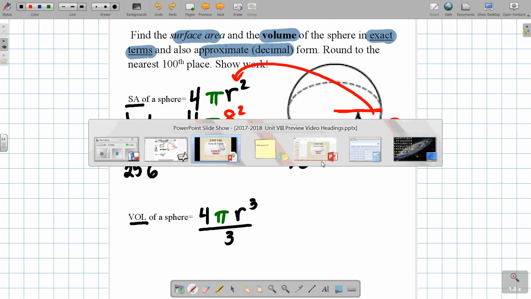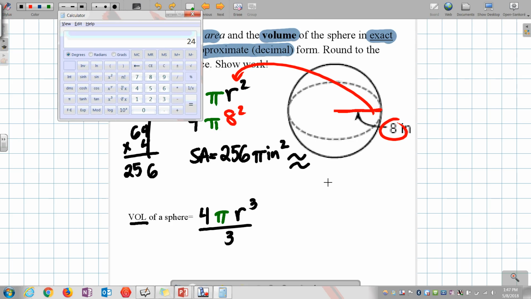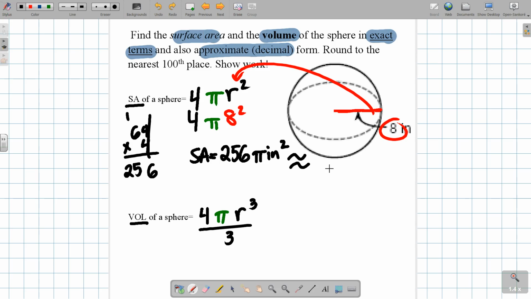Approximate now. Decimals are approximation. Pi form is the most accurate. So 256 times pi, I'm going to take it to the second decimal place, 804.25 inches squared. So this is exact pi form and the approximate form for the surface area.